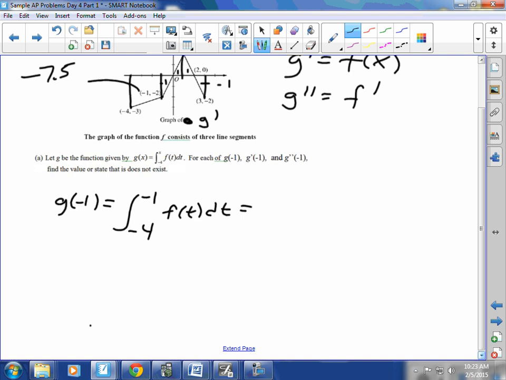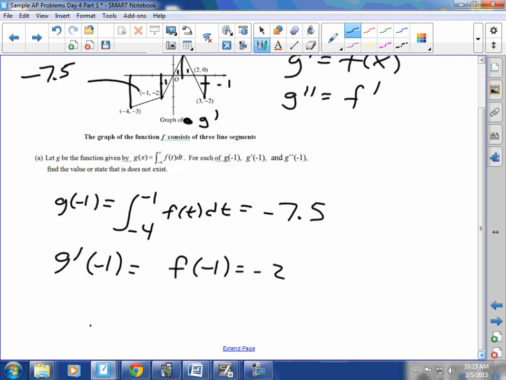How much area is there between -4 and -1? -7.5. Find g prime at -1. -2. g prime of -1 is actually f of -1, which turns out to be -2.